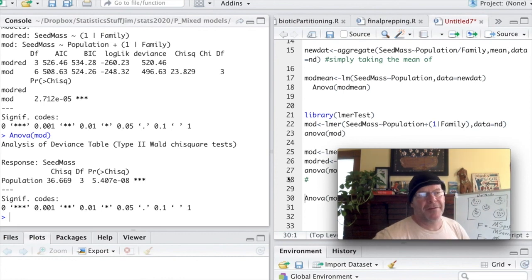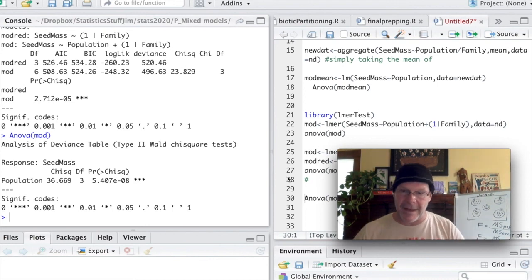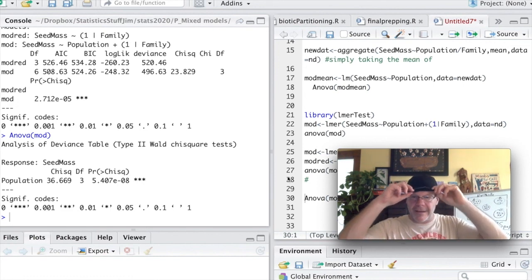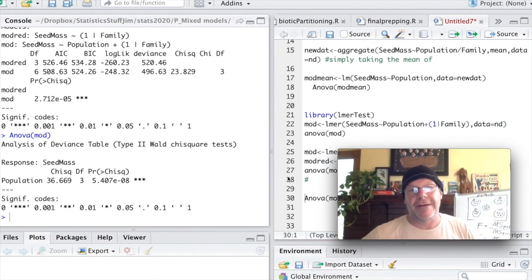Some places where nested designs are still frequently used are things like quantitative genetics, when you're trying to estimate heritability and you're interested in the amount of variation within versus among families. In those types of situations, a nested design might be appropriate. A lot of times you have no choice but to end up with a nested design because of the reality of your experiment.